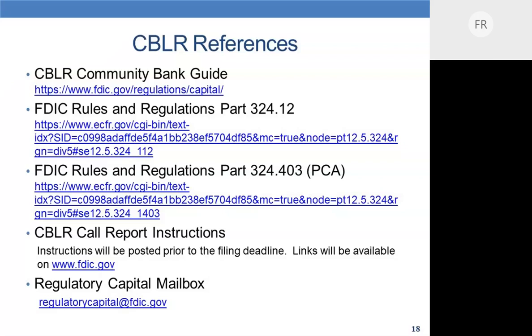Another question that we received is, how is a liability for a credit enhancement obligation under the FHLB Mortgage Partnership Finance Program, or the MPF program, reflected under the CBLR framework? The answer is that if the credit enhancement meets the definition of a credit-enhancing representation and warranty, or would otherwise be considered an off-balance sheet securitization under the generally applicable rule, the exposure amount would be included in the off-balance sheet criterion.